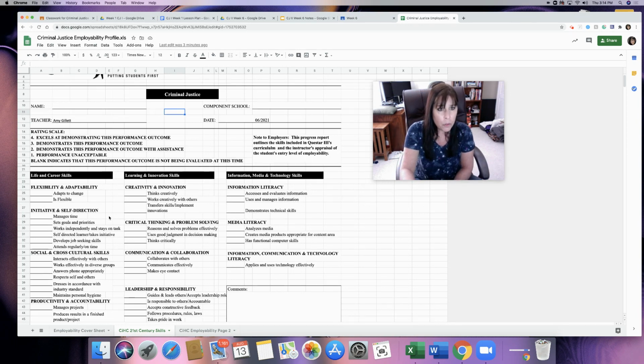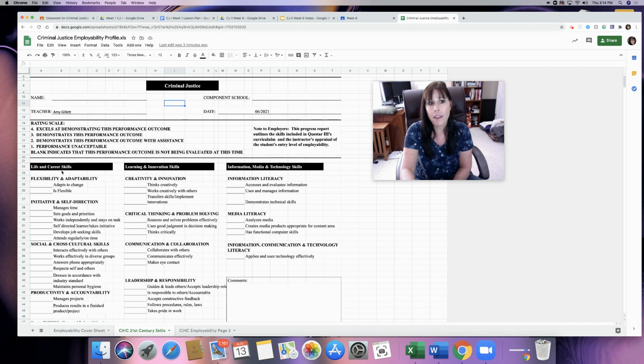So the first section here, it says life and career skills. And under that big category, they have flexibility and adaptability. Adapts to change. How well do you think you adapt to change? Is flexible. How flexible do you think you are? If you think you're very flexible, nothing ruffles your feathers, you'll just change course at the drop of a hat, no problems.